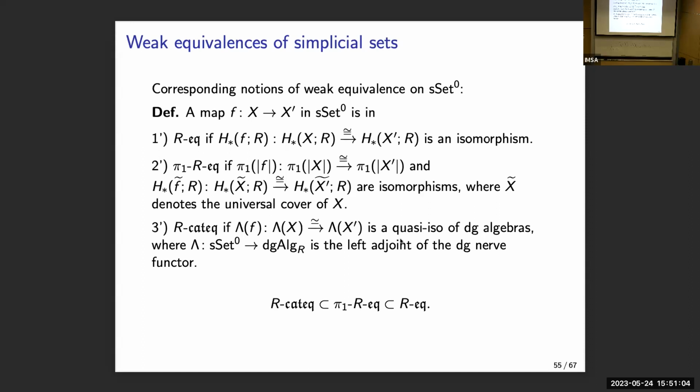So this inclusion is sort of analogous to saying that categorical equivalences are weak homotopy equivalences, but not vice versa. These are stronger. And this is analogous to saying weak homotopy equivalences are homology equivalences, but not vice versa. You have this sequence of strict inclusions. So you can consider simplicial sets under these three groups of weak equivalence.